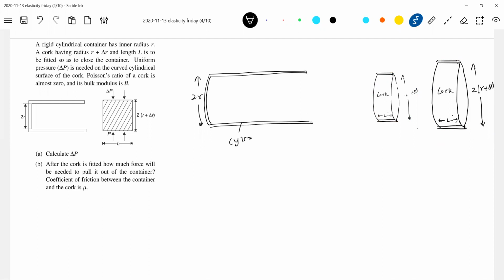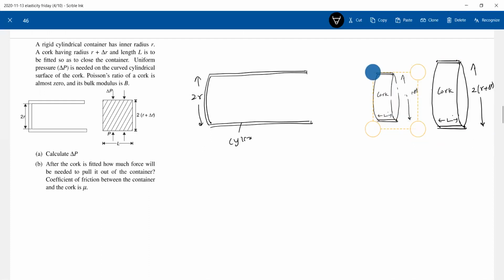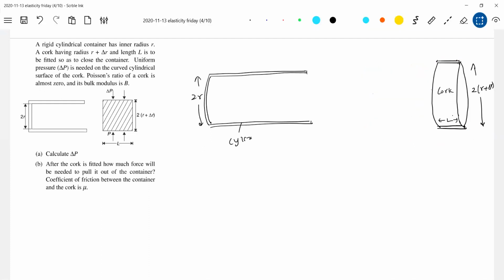I think it's again wrong. Length will be the same. Better to draw a diagram.